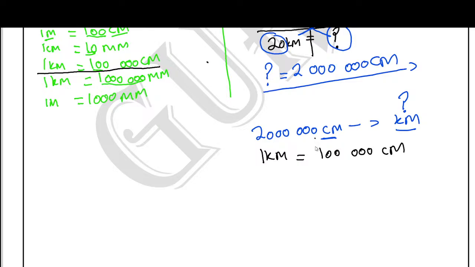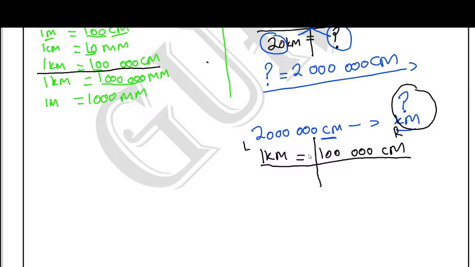Then what do I do? I draw my cross. My learners call this one Pambano. Now look at what we are going to do now. Do we have the kilometers? No, as we have already analyzed, our kilometers are unknown.